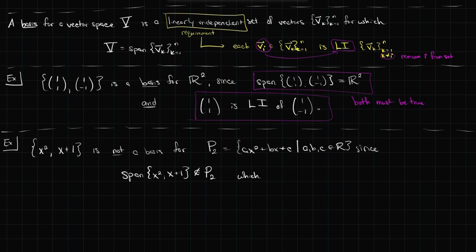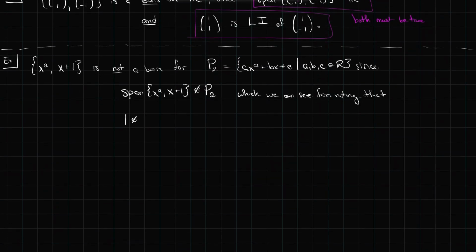We can see that from noting that the regular constant 1 is not in the span. The constant 1 is certainly a polynomial of up to second degree.